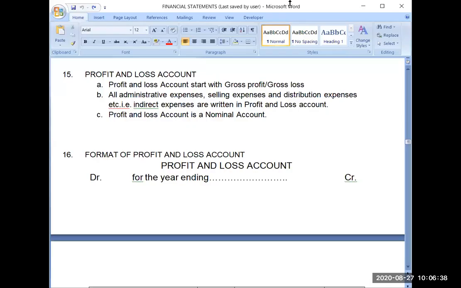Yes, very good. This is also a way to know the gross profit, that I will apply the formula of gross profit, net sales minus cost of goods sold. But I am asking, with the help of which account you will be able to calculate your gross profit? Which account will give your gross profit?